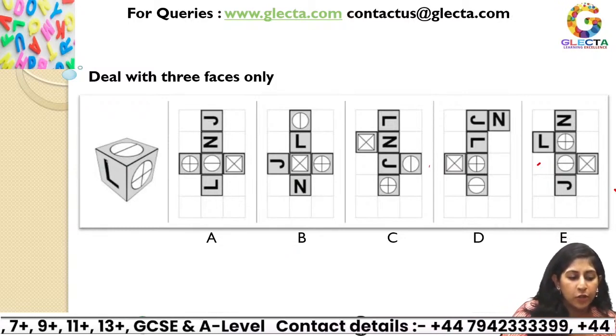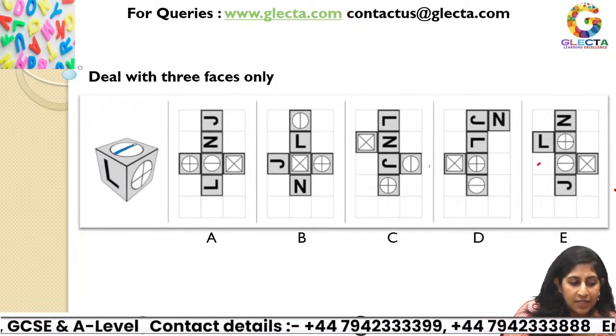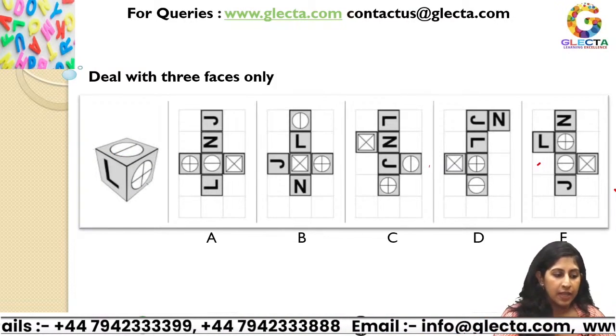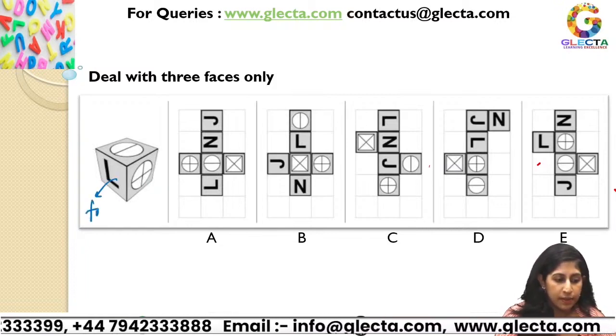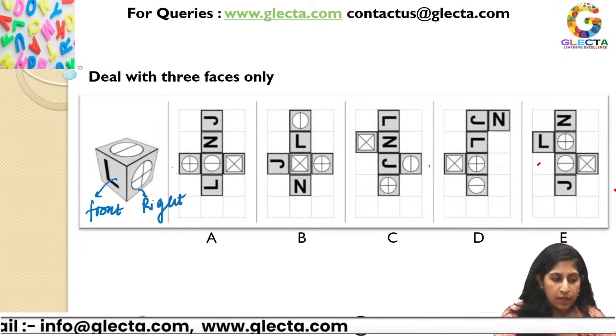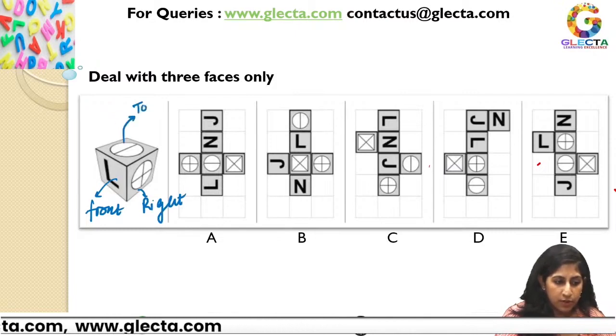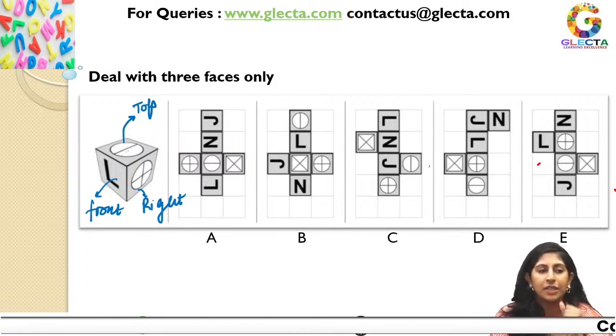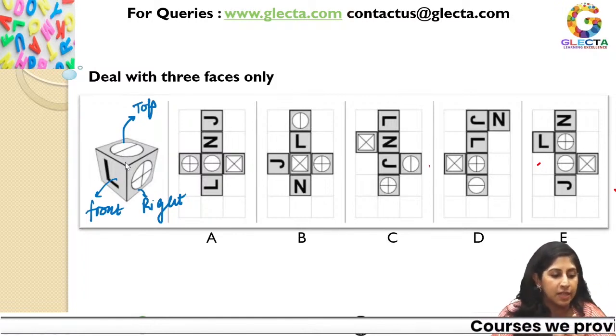So over here when we talk about this L, these three boxes that you see, there is a front. This is my front. This is my right. This is my top box, right? So you would have to make sure that these are not coming on the opposite side in any way.